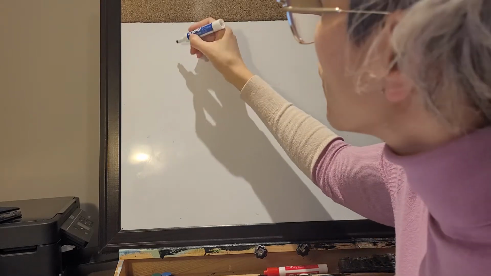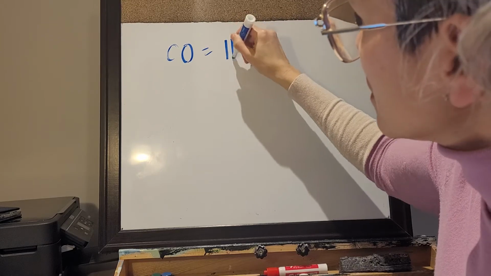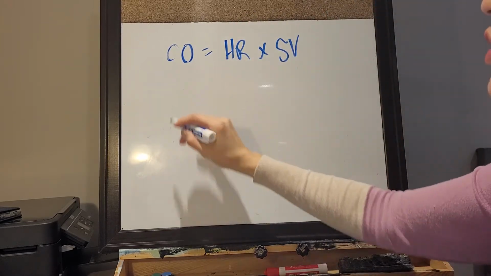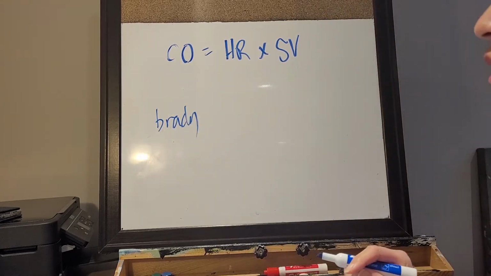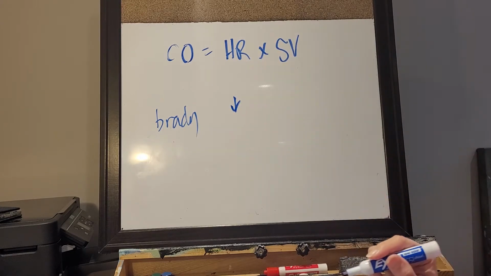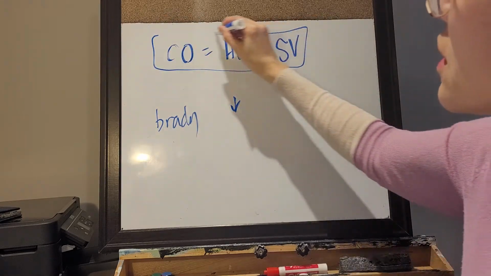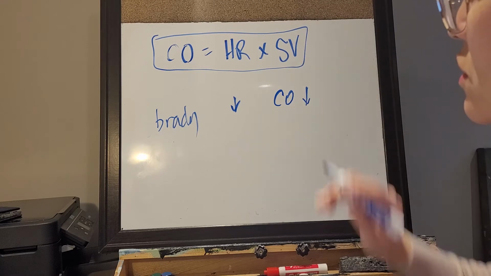Okay, so then when we consider the cardiac output equation again, then we know for any bradyarrhythmia, heart rate goes down. Okay? If heart rate goes down, by this math equation, cardiac output will go down.